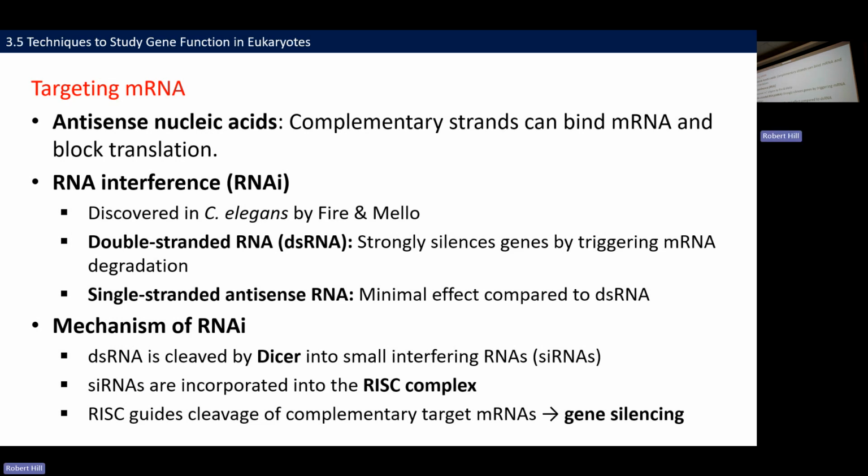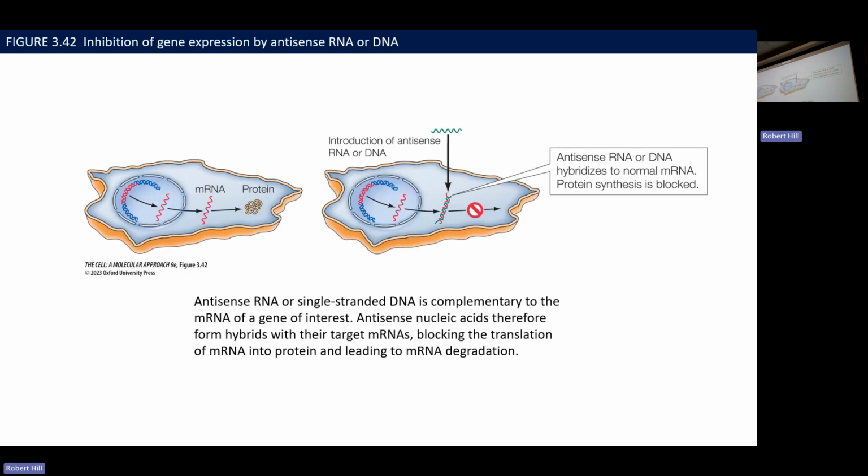It was discovered in C. elegans, which also uncovered the whole molecular mechanism for RNAi, or RNA interference, and there are a few steps. This is basically using antisense RNA or DNA to silence a gene. You can see mRNA to protein, but if you introduce a complementary strand to that mRNA, you don't get translation. So it's inhibiting translation.